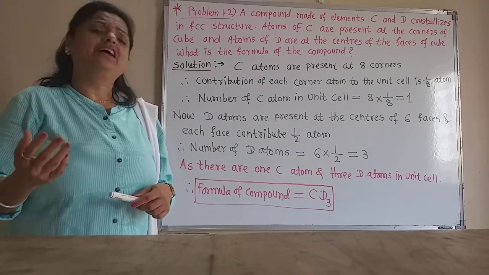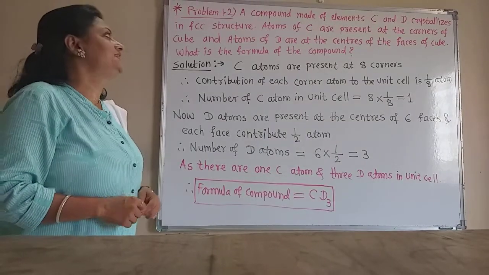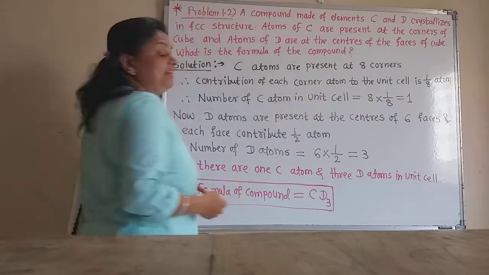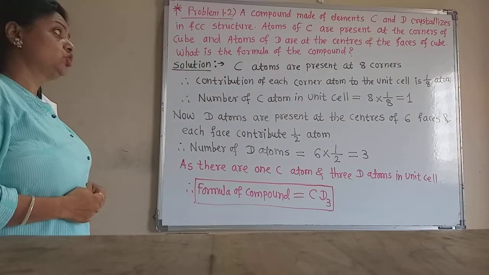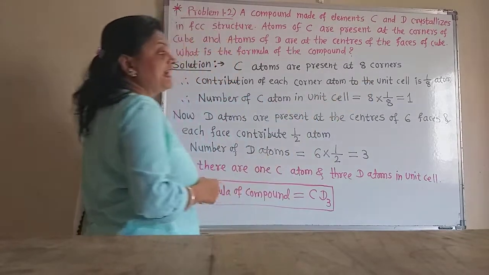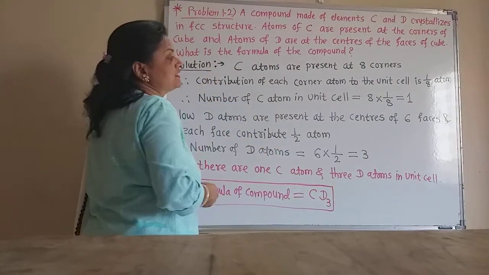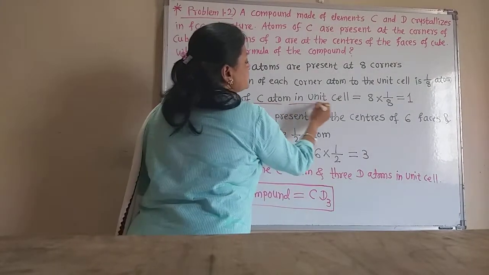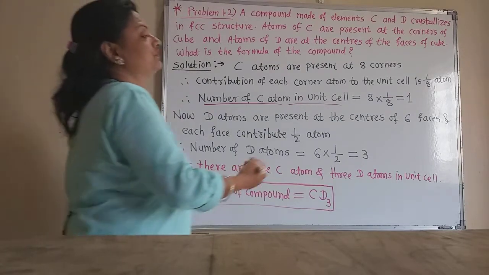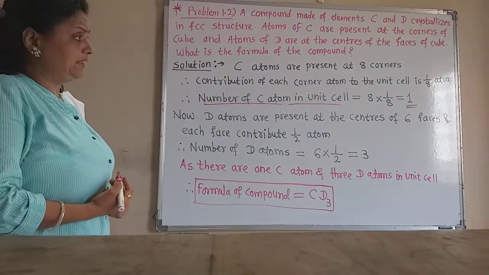Now, we easily calculated this orally, but how to write this problem? See here. Solution: C atoms are present at the 8 corners. So the contribution of each corner atom to the unit cell is 1/8 atom. Therefore, the number of C atoms in the unit cell will be 8 into 1 divided by 8, that is equal to 1.